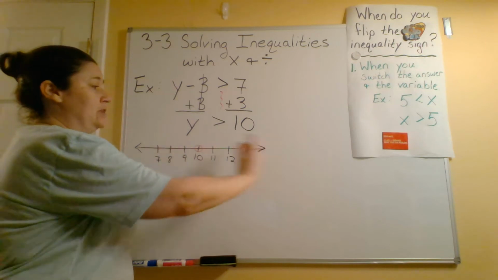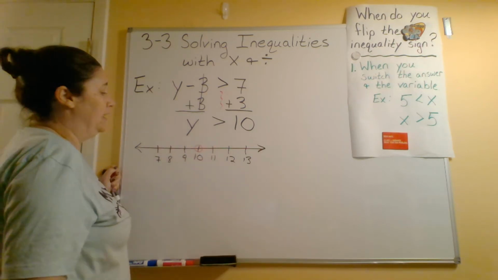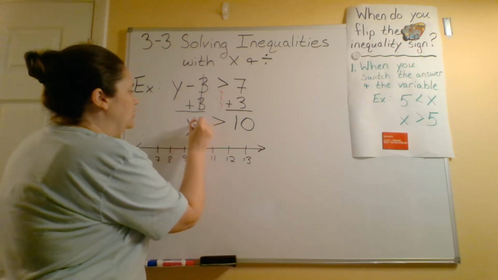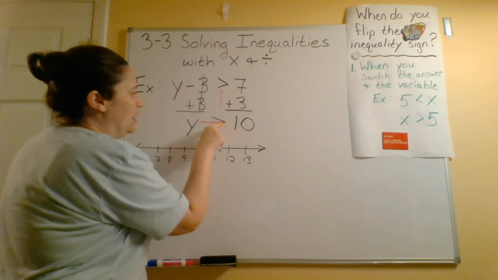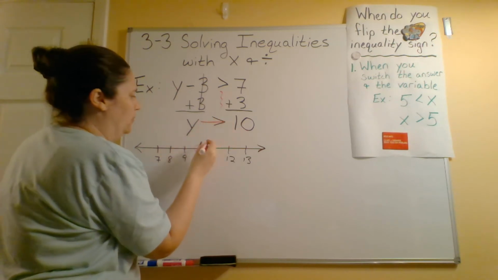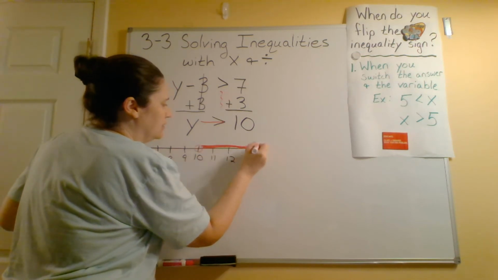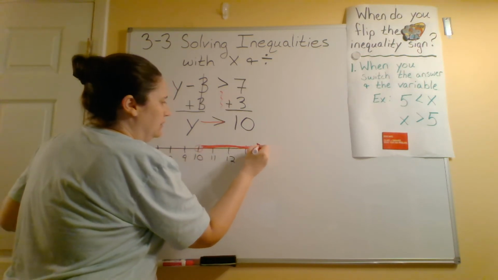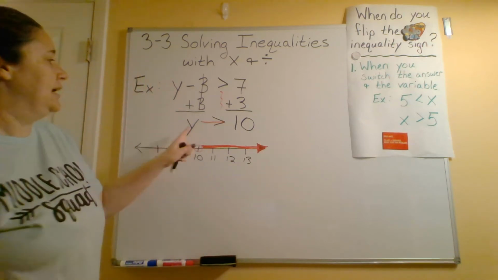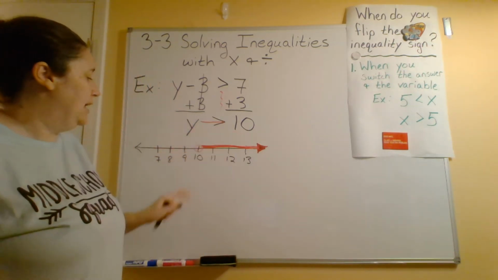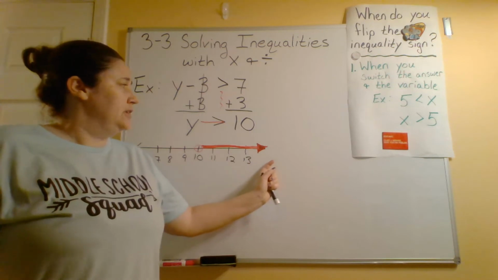We only want everything that's bigger than 10 to be on our line. Then we can use this little arrow to figure out which way to draw my line. The arrow's pointing to the right, so I follow my line to the right.